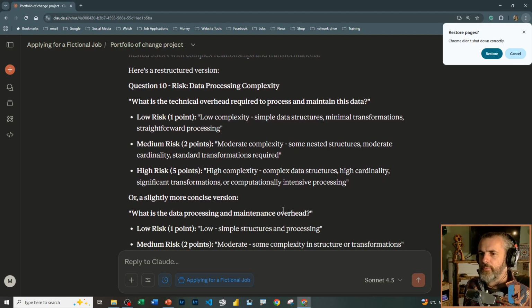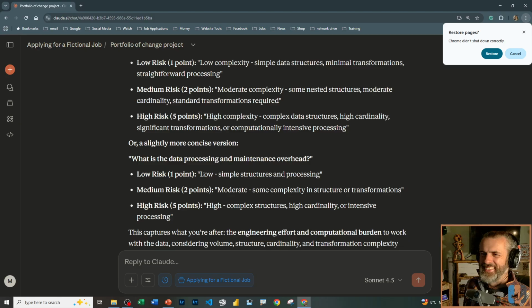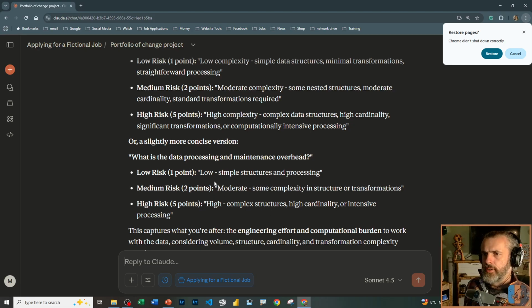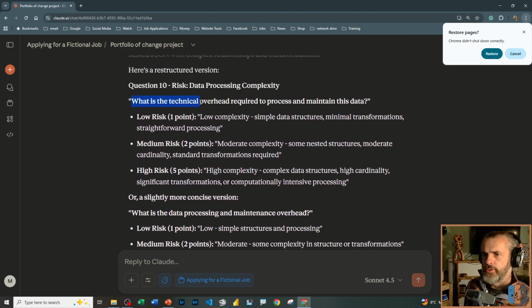Oof. Or a slightly more condensed version: low, simple structures and processing; moderate, some complexity in structure and transformations; high. Yeah, let's go with the condensed version.